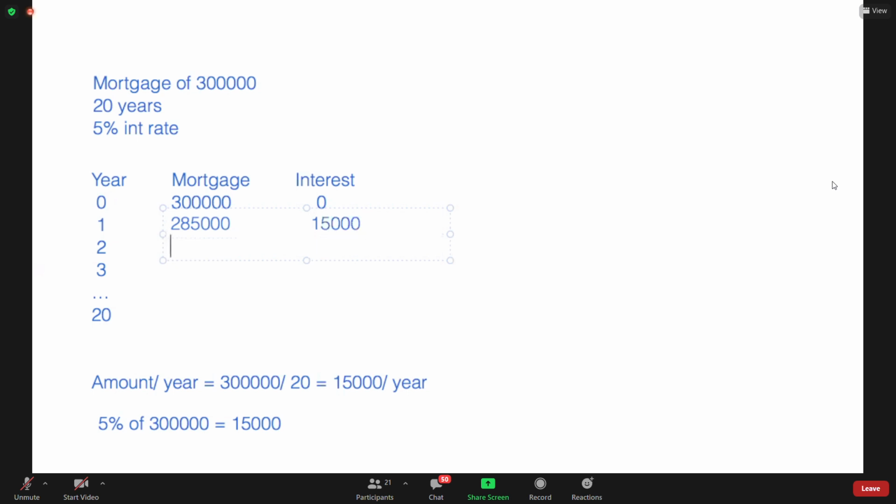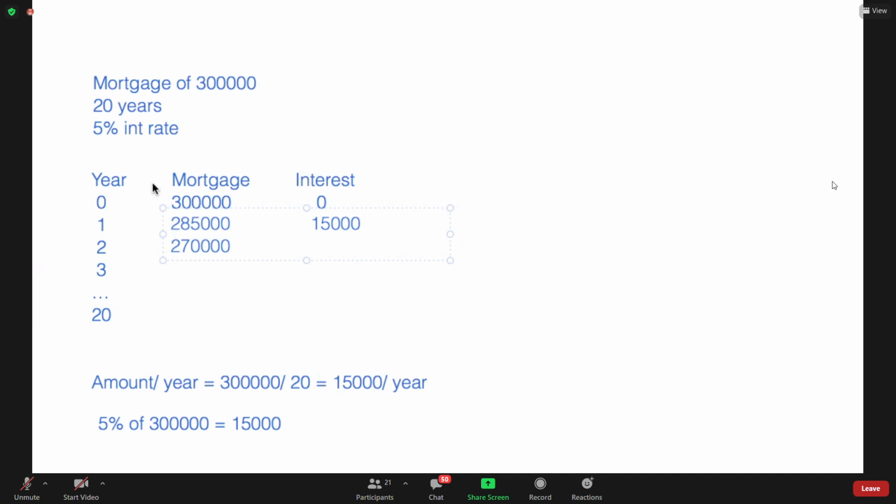What happens then the year after? The year after, my mortgage will go down once more by 15,000 because that's how much money I have to pay yearly. So it will go down again by 15,000, which will yield 270,000, if I'm not mistaken. I think this should be correct. But how much interest do I pay? Do I pay another 15,000 of interest? No, because the interest will adjust to the amount of mortgage that I have left to pay.